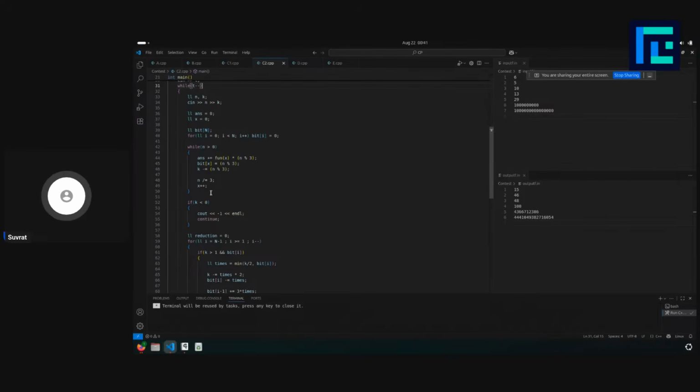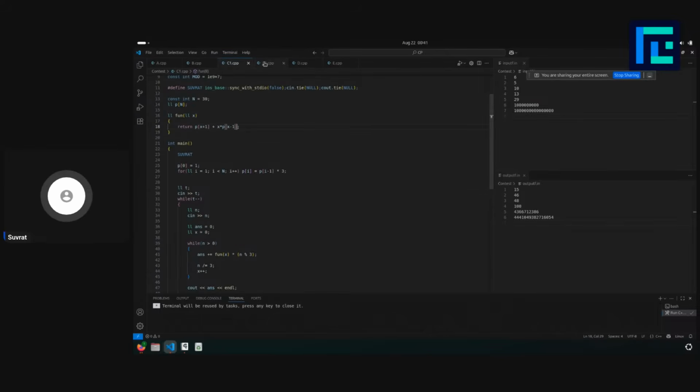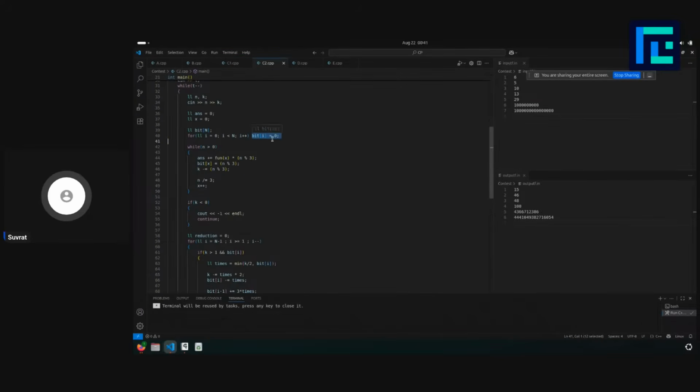For C2, basically this is the same code as C1, I think. Okay, the change I made in this is now I'm storing the base 3 representation. Bit of I basically stores the corresponding AI coefficient for 3 to the power I, and that is n.